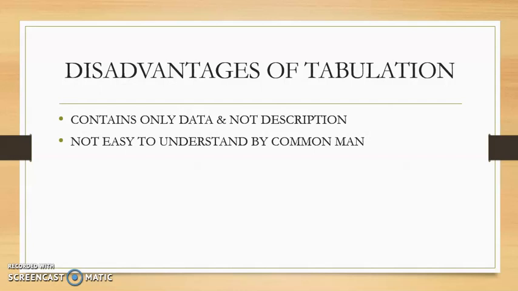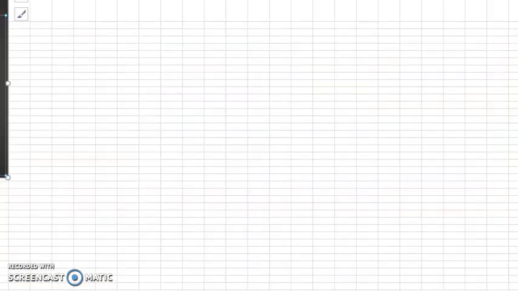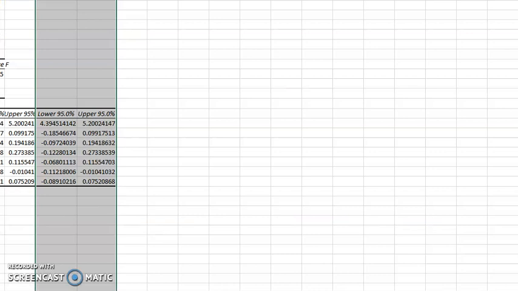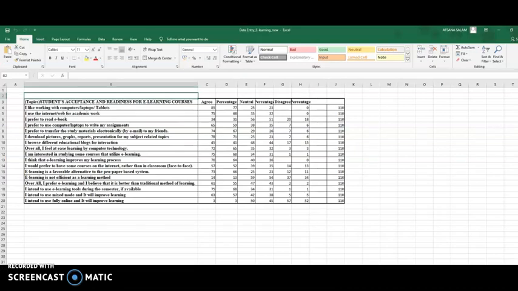If the data is given, for example, say this is the table. Here we have an Excel sheet which is having a table. In this table you have a title and then the different questions.